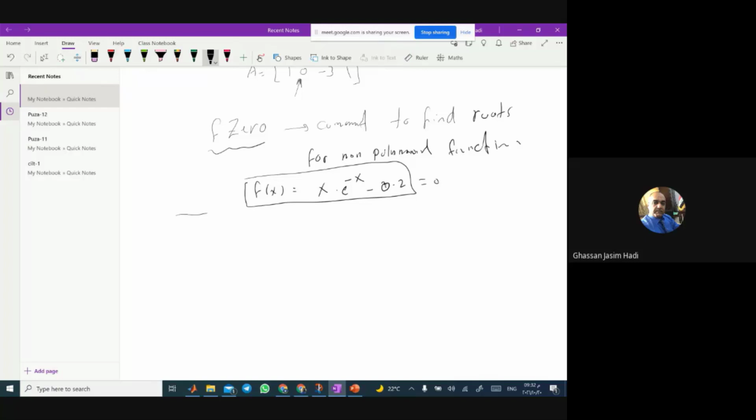Now, in MATLAB, to use fzero, you have to write like this.